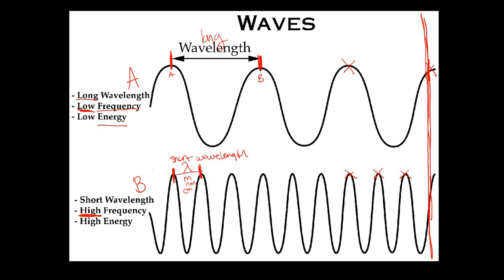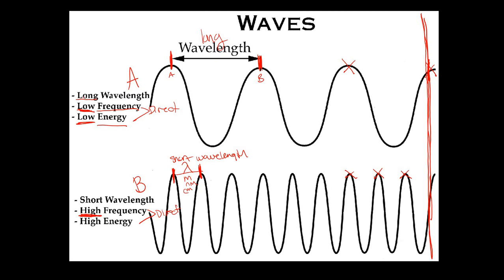Since it's less frequent, it's going to have a lower amount of energy. These two have a direct relationship. The higher the frequency, the more energy. The lower the frequency, the lower the energy.